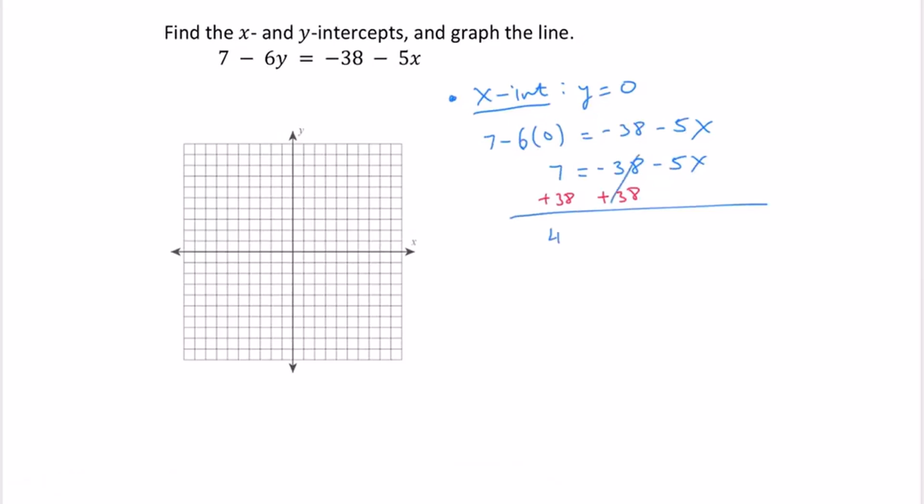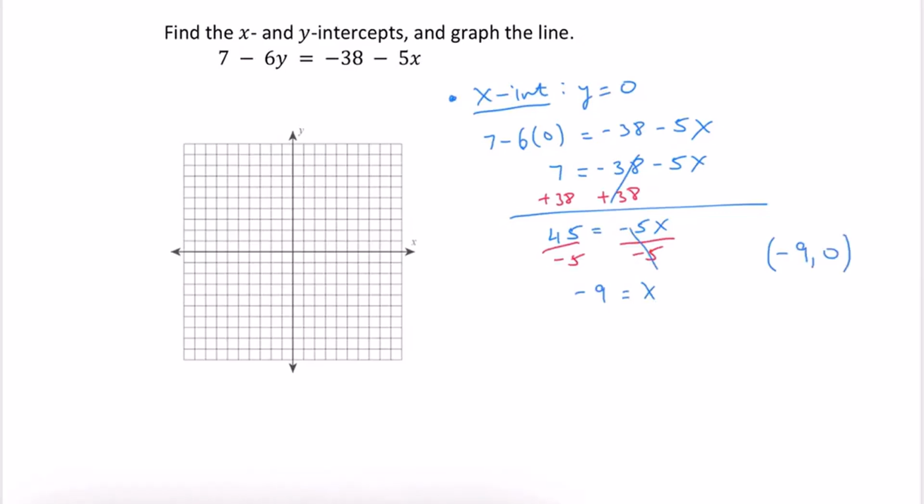And we have 45 is equal to negative 5x. Divide the negative 5 over. So x is negative 9.